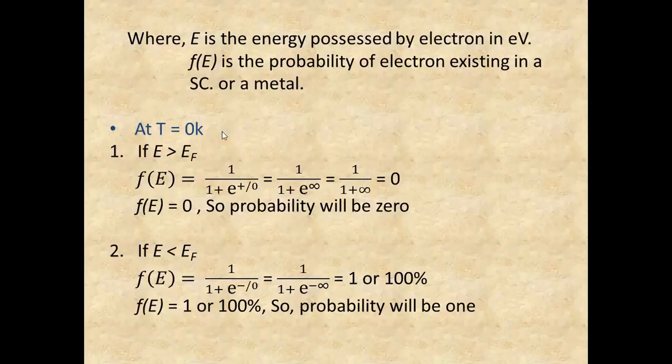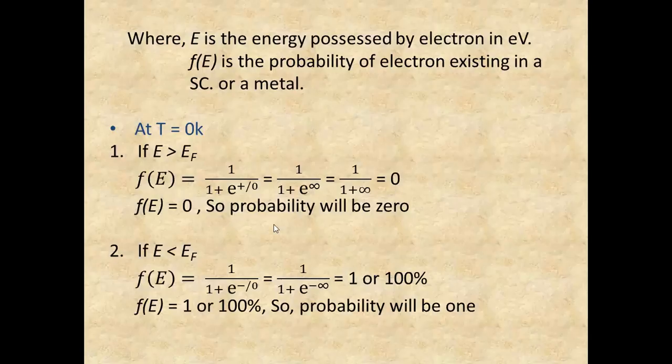When you do it step by step, you will automatically get it. If E is greater, something subtracted from the lower term, you'll get something positive. So you're just replacing this in the previous formula. Okay, so we're getting this some plus. Plus means it will go to e to the power infinity and we'll get 0.